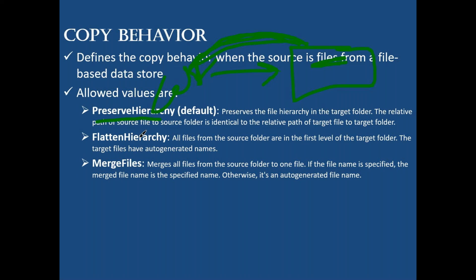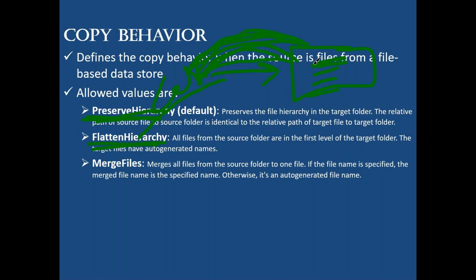But when you say flatten hierarchy, it is going to change the file name. It generates a file every time. That's why it is creating a new file and a new file is getting added into the folder. That's why it is making the behavior an append. But you can't use preserved hierarchy or flatten hierarchy for append or override by name; you need to understand the situation. Preserved hierarchy is overwriting because it is keeping the file name the same.